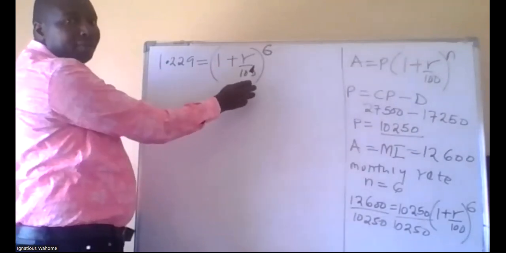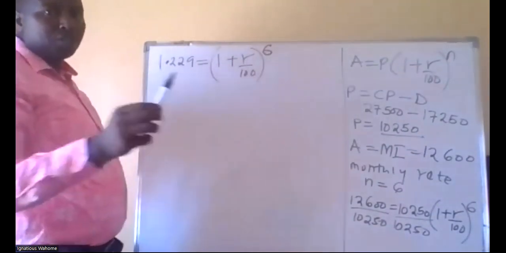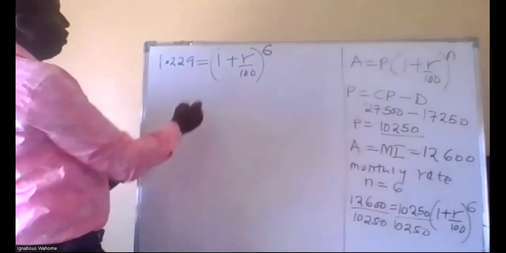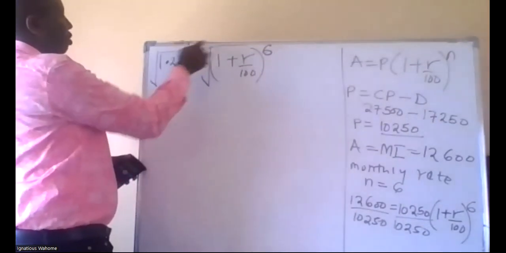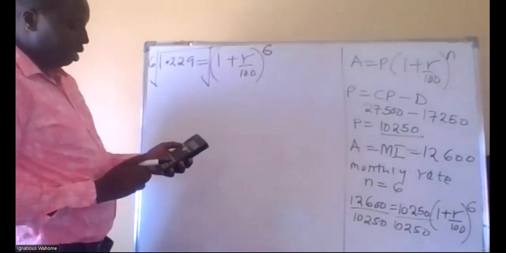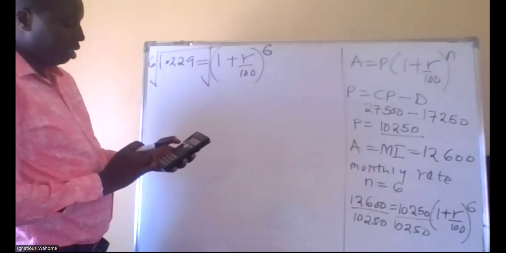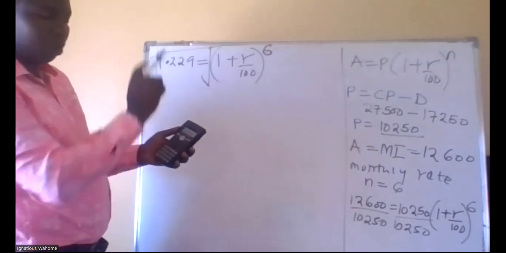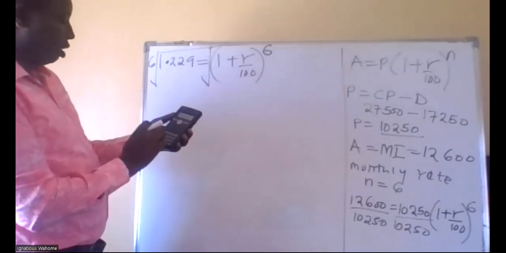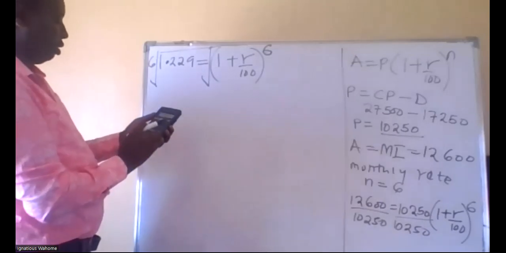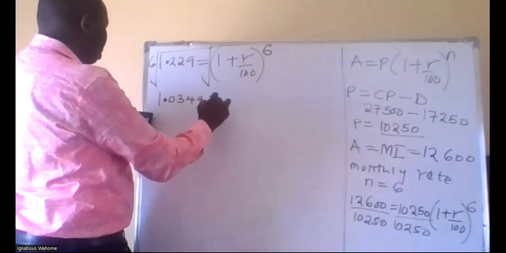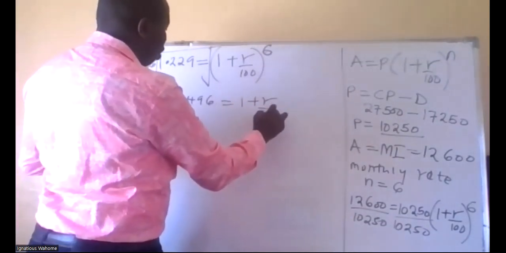Now, because you want R, and this is power 6, you are supposed to find the sixth root of both sides. If you're using the calculator to find the sixth root here, you're supposed to press 6, shift, then the symbol for the root, then you put 1.229. You get the sixth root of this side is 1.03496 equals 1 plus R all over 100.